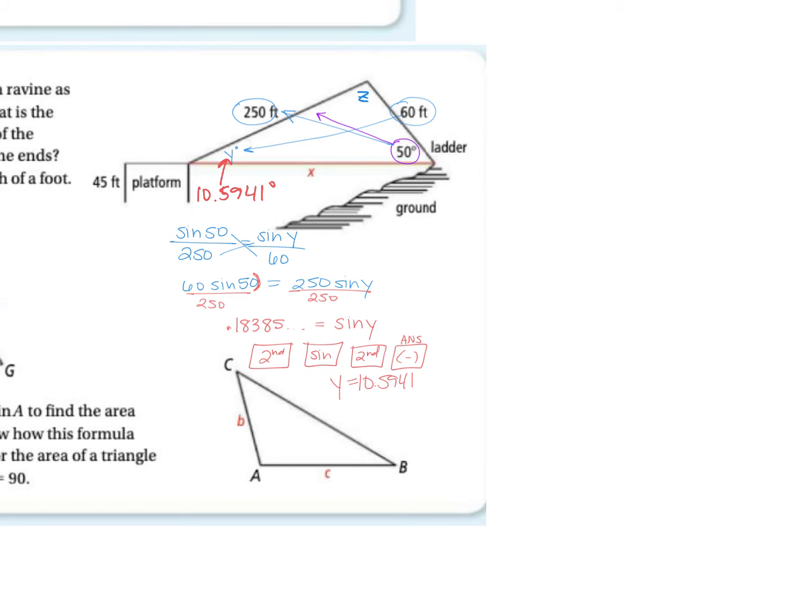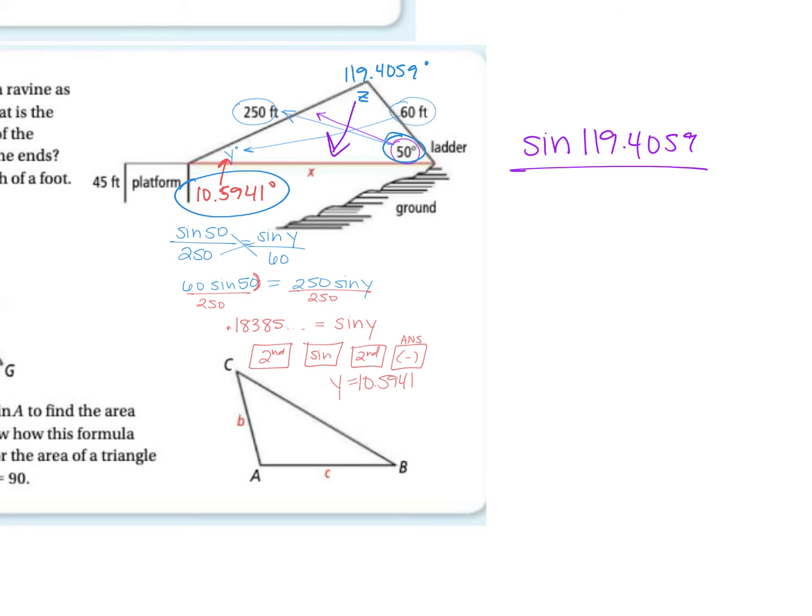Now we have enough information to figure out this angle to figure out x. Do you see it? Subtract from 180, right? These two numbers, 180 minus 50 minus 10.5941, and you get 119.4059 degrees. Now you can set up law of sines. Can you do that for me? Sine of what? Sine of z, which is 119.4059, over what?